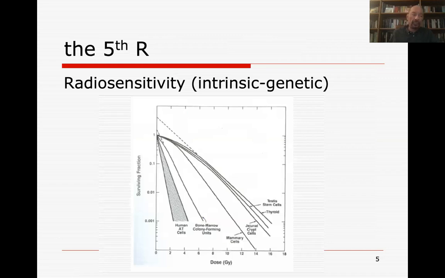So independently from everything, different tumors and different normal tissues, you see here, these are AT cells, ataxia-telangiectasia, very sensitive, bone marrow cells, mammary cells, jejunal cryptal cells, thyroid, they have different sensitivity to radiation. So this genetic radiosensitivity is the 5th R of the radiation.